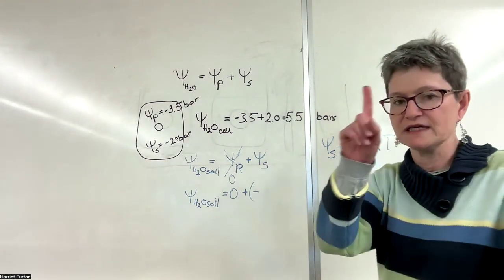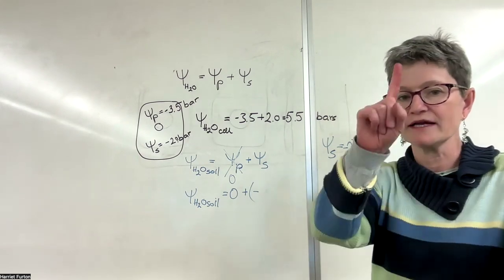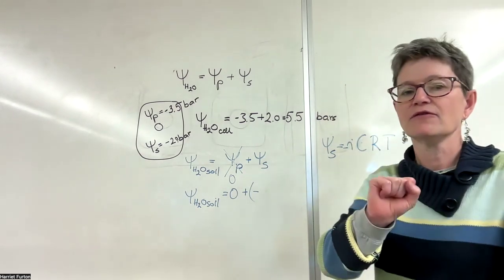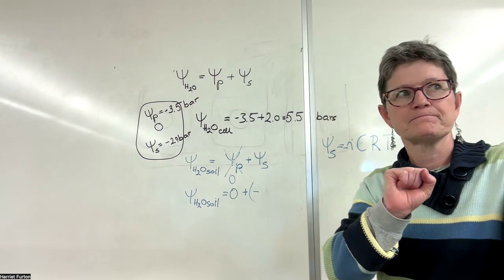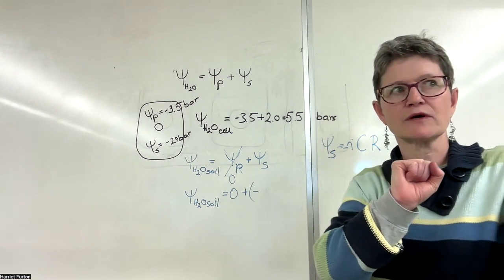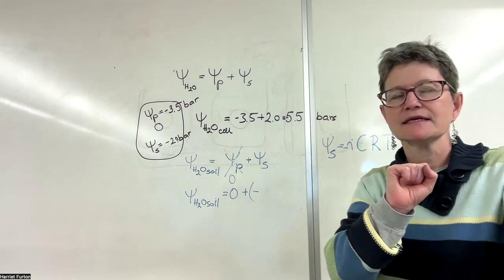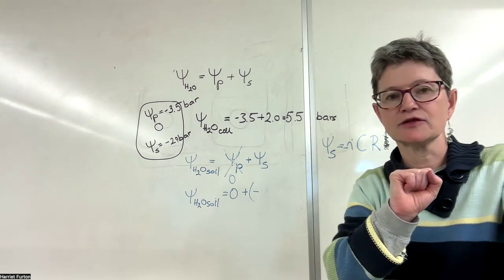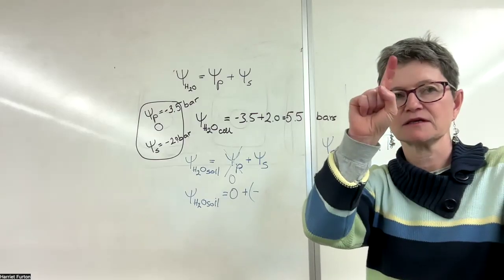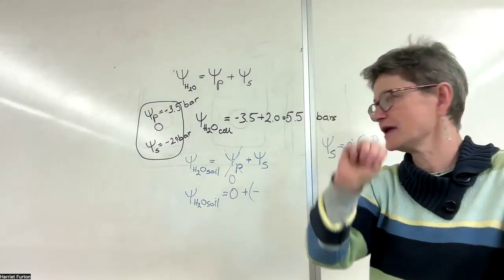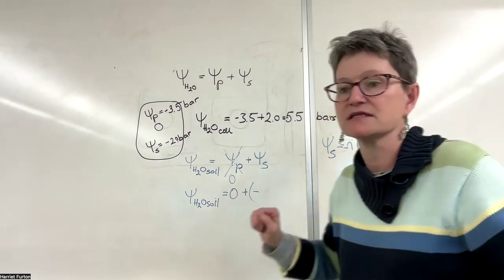For glucose, it's 1. For sodium chloride, sodium and chloride, 2. For calcium chloride, CaCl2, it's 3. This is the ionization constant.